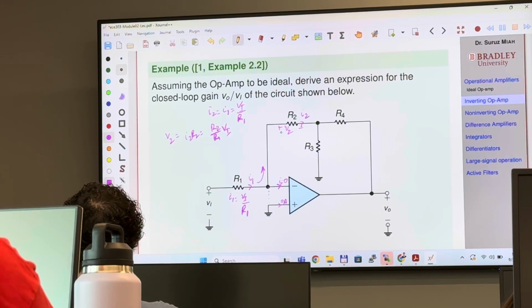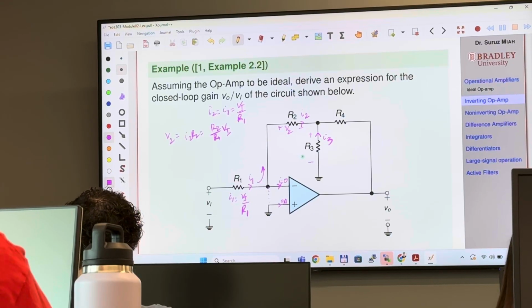Now, let's say another reference direction: I'm giving the current flowing through R3 as I3. Because I'm providing the current direction this way, I am going to give positive here, negative here.